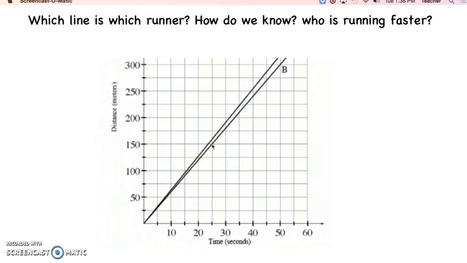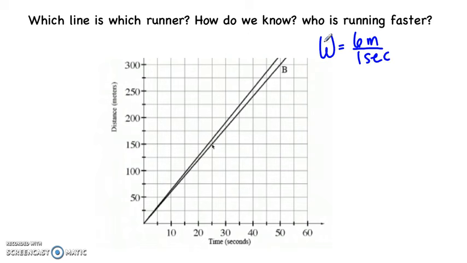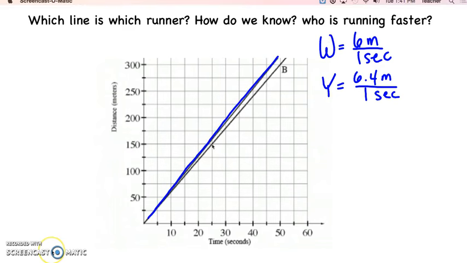All right, now based off of the information I just found, which was that Wendy's unit rate was 6 meters per 1 second, and Yoshi was 6.4 meters per 1 second. Based on those unit rates, I can tell that Yoshi covers more ground in the least amount of time.